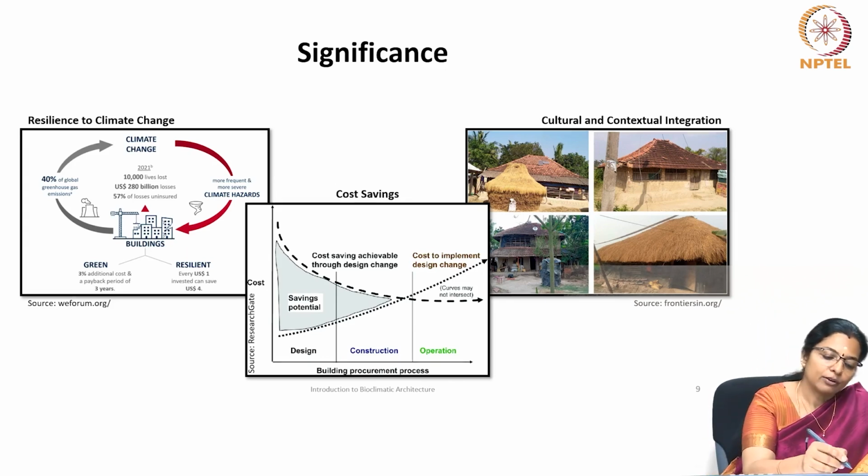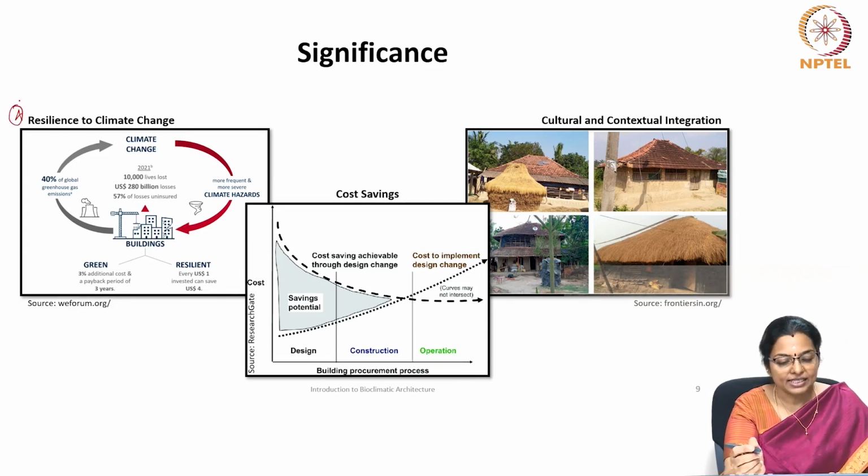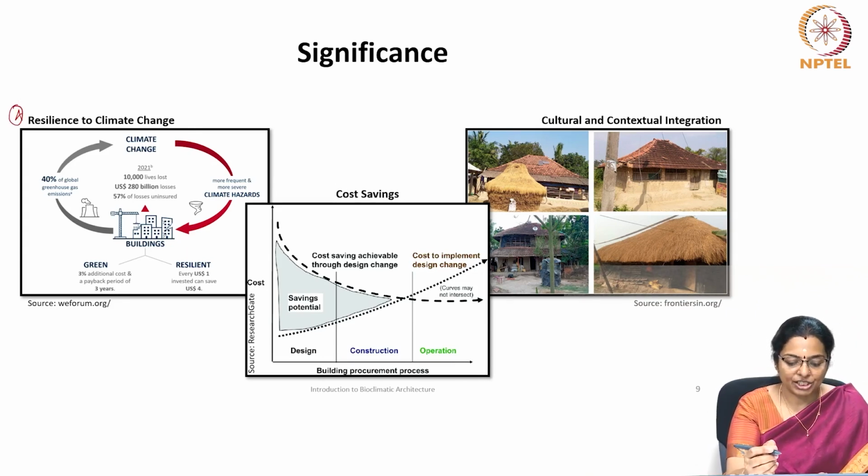So, the fourth aspect of bioclimatic architecture is the resilience to climate change. We know that climate change is a reality, and we all are bearing the brunt of climate change.